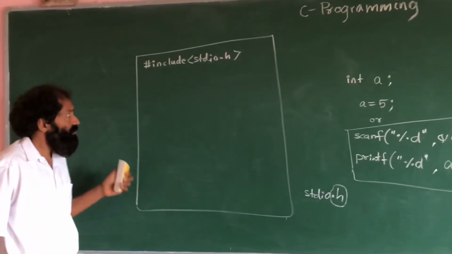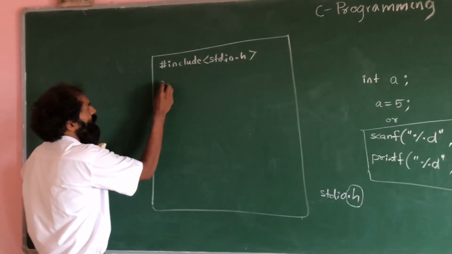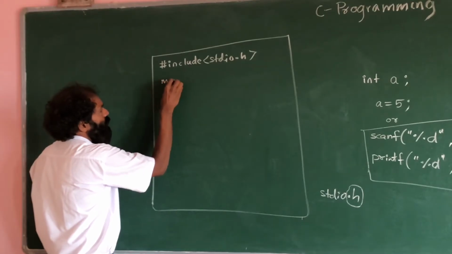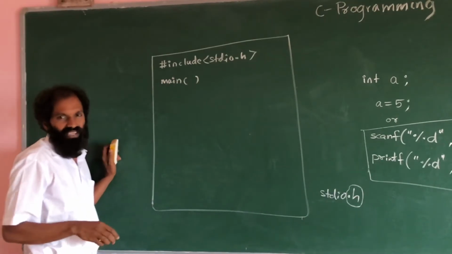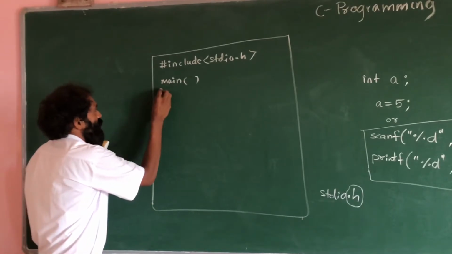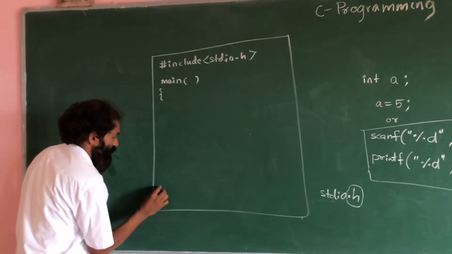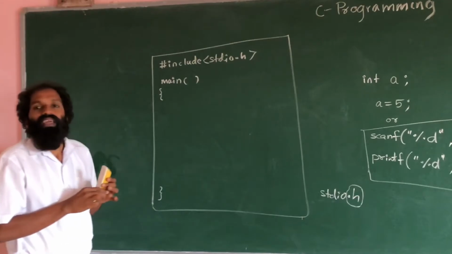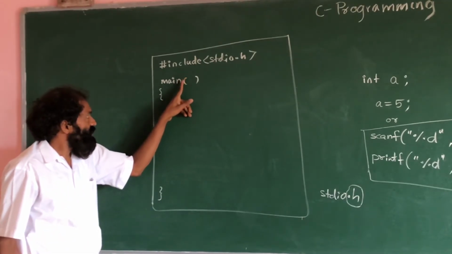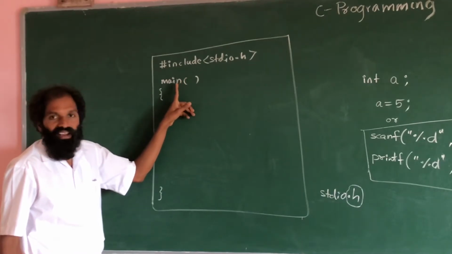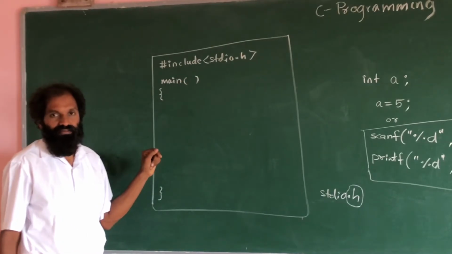Okay. For a simple C program, main. This is a function, you will understand that later. Every function has a function name. This is the left parenthesis, this is the right parenthesis.